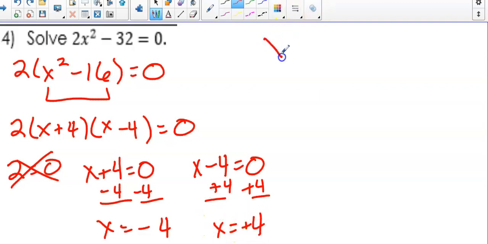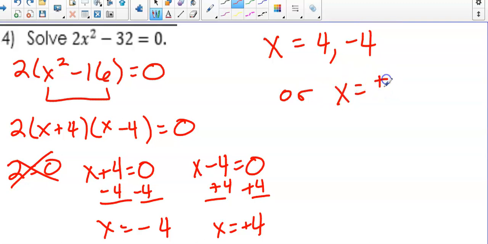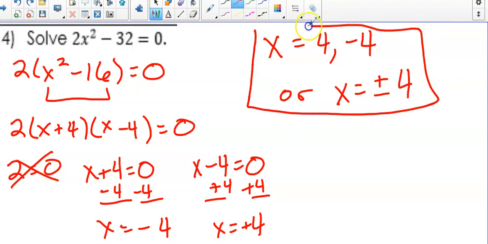Now, when we write our solution, we could either write it like this, or we could also use a special symbol that helps us write it a bit more compactly. We can write it like this, which means plus or minus, or positive or negative 4. Again, plug it in. Make sure you get a true statement for each one.